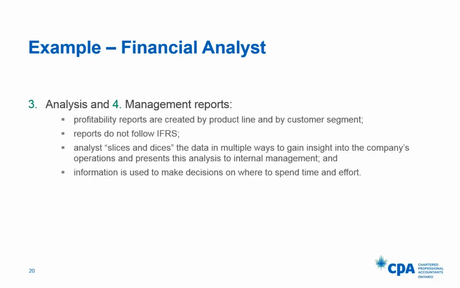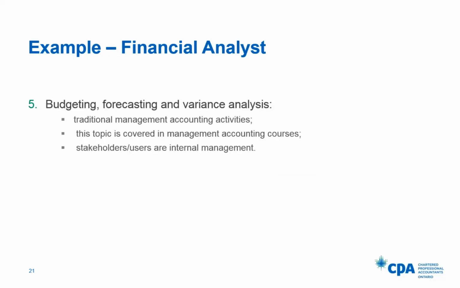And then the last job function is budgeting, forecasting, and variance analysis. When you're looking at budgeting and forecasting, that's very much traditional management accounting activity. These are things you would probably have come across when you were taking your management accounting courses, and the main users of these reports would be internal management.